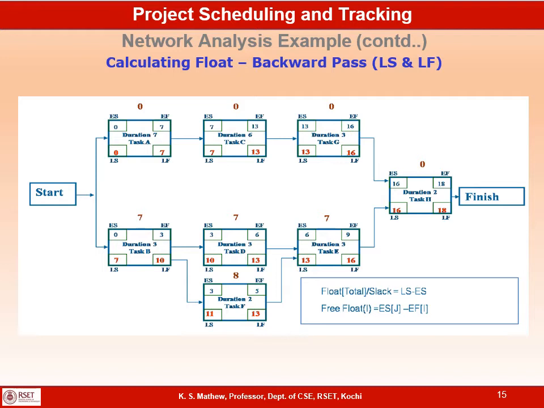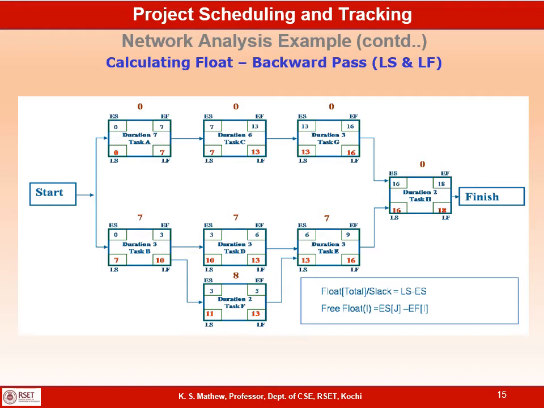So the late finish of task B should be the lowest of these two late start dates of D and F, which is 10. And the duration of B is 3, so 10 minus 3, 7 is the late start of B.